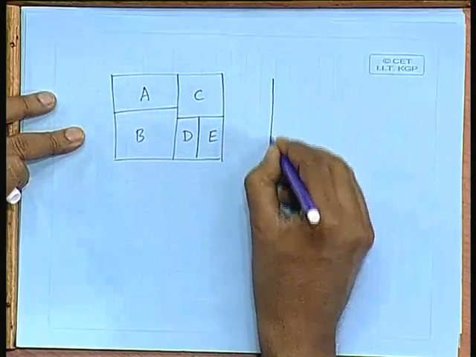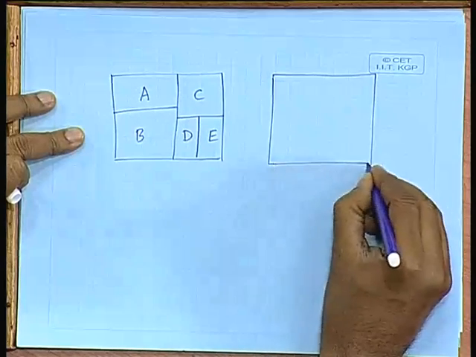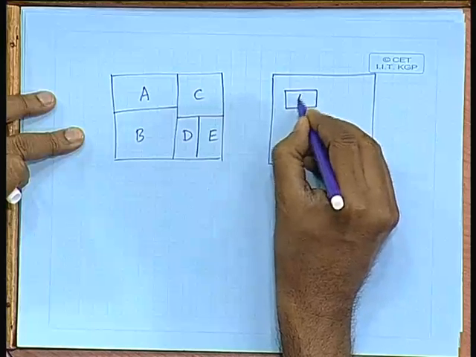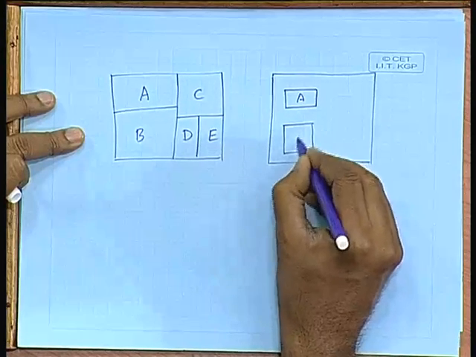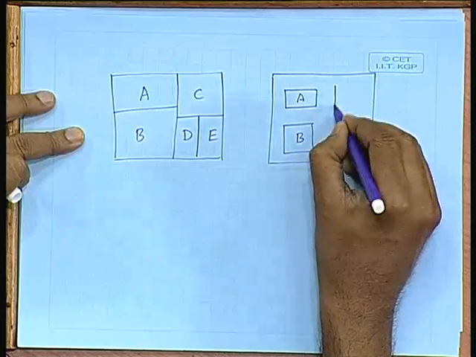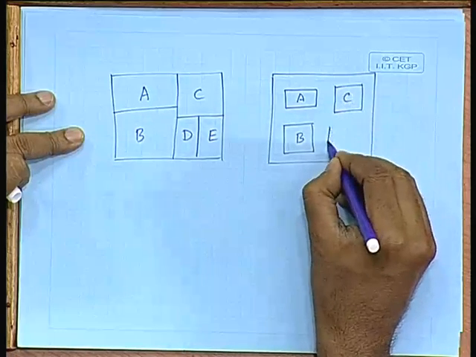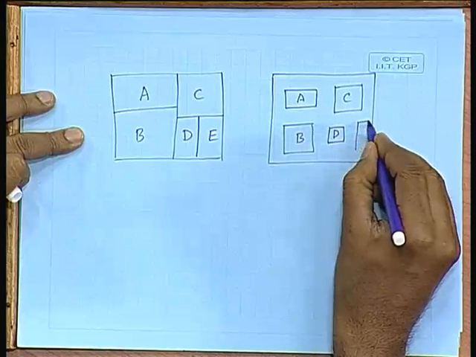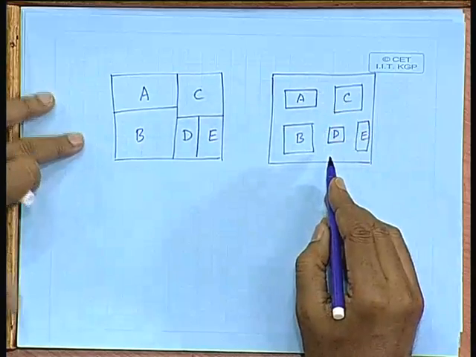Now, if we have a refinement whereby we get something like this, this we call a placement.